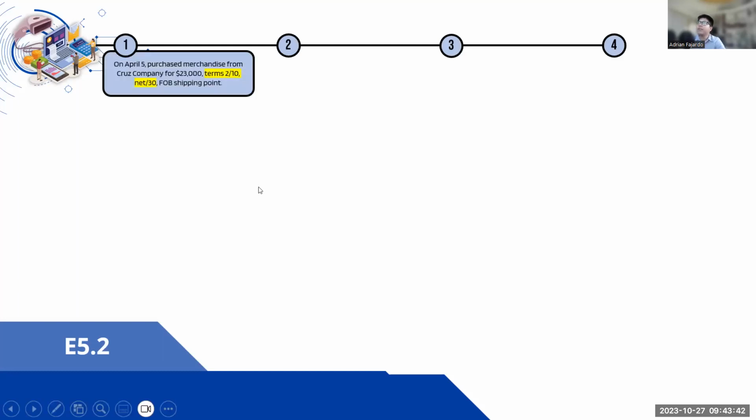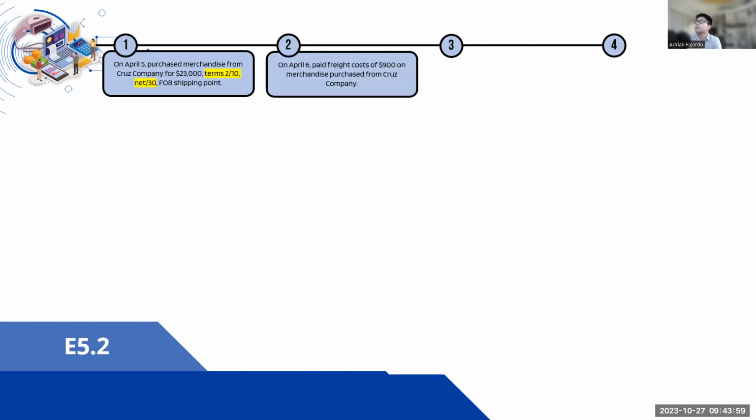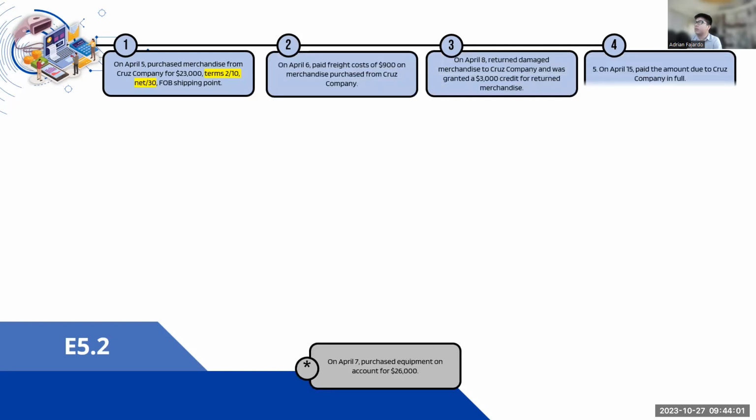Journal entry 1. On April 5, you purchased merchandise 23,000, terms 2/10, n/30. My first instinct here would be, okay, nagbigay ng terms, therefore hindi to cash payment. It's an accounts payable. So yun lang, these are the 4 statements, right?